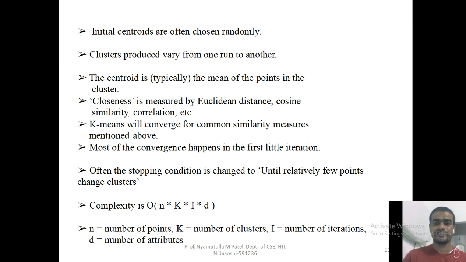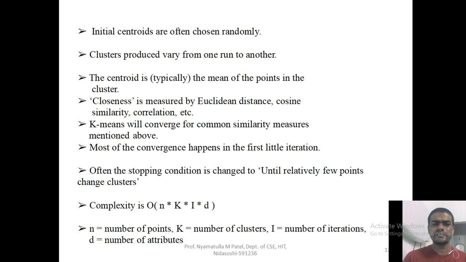That is by using Euclidean distance, or you can use cosine similarity, or you can use correlation. Different methods are available. You can adopt any one of the methods which is feasible based on what type of objects you are using, based on the application.